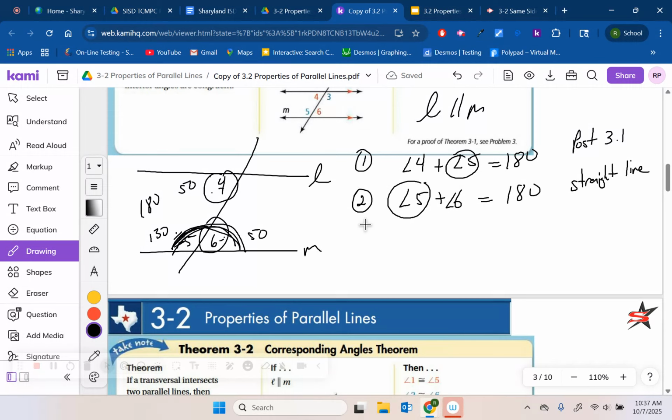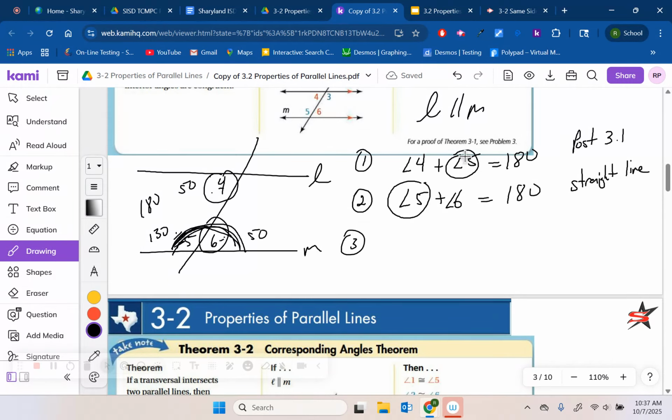The way we do it in algebra or geometry, with these things called proofs, is that these two angles, when I add them, give me 180, and these two angles, when I add them, also give me 180. They both equal 180.